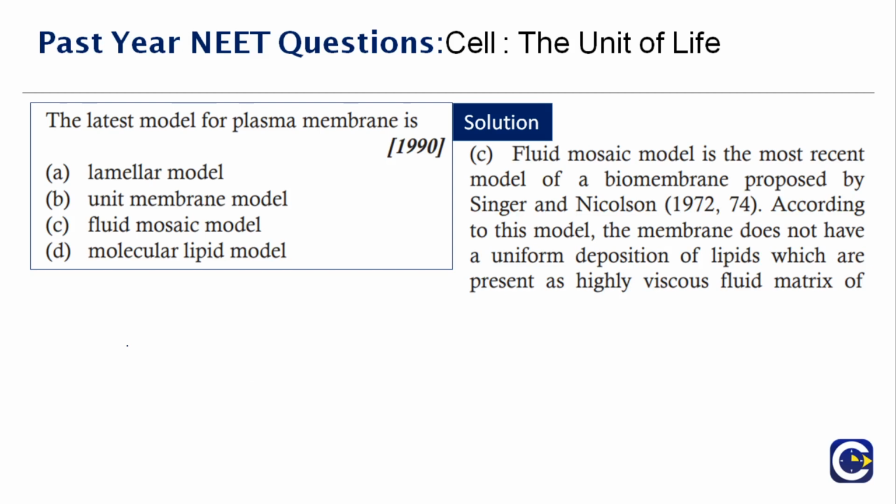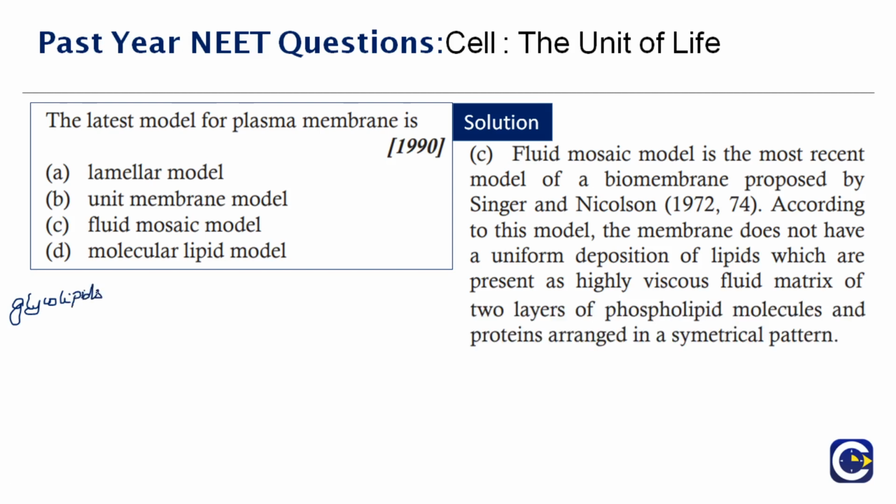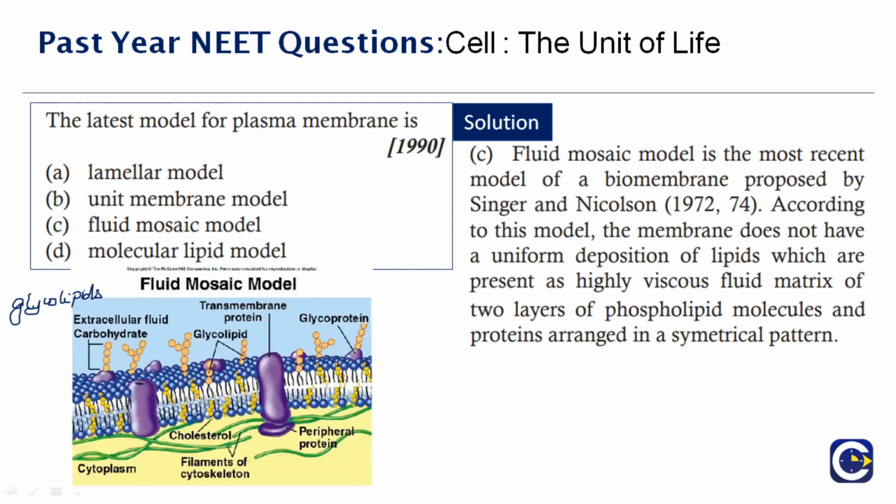So to your right side you can see, according to this model, the membrane does not have a uniform deposition. As we all know, they contain glycolipids, then they will contain glycoproteins. So you can see the picture here which shows the fluid mosaic model.